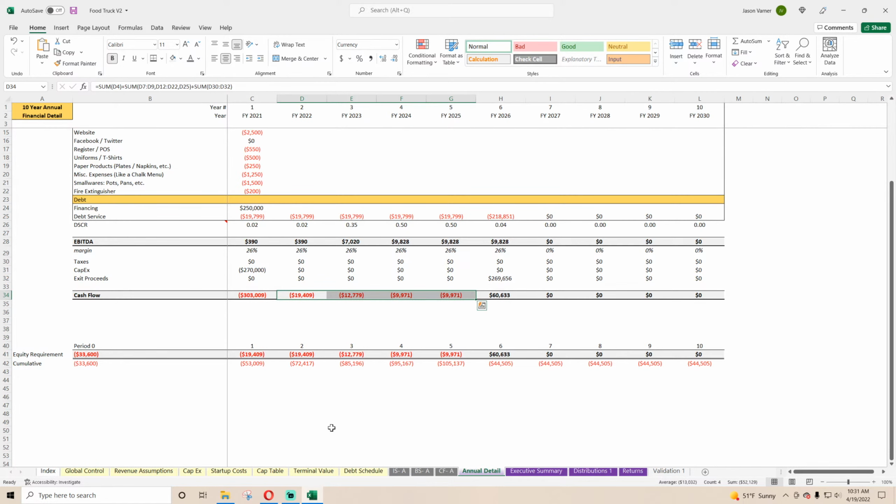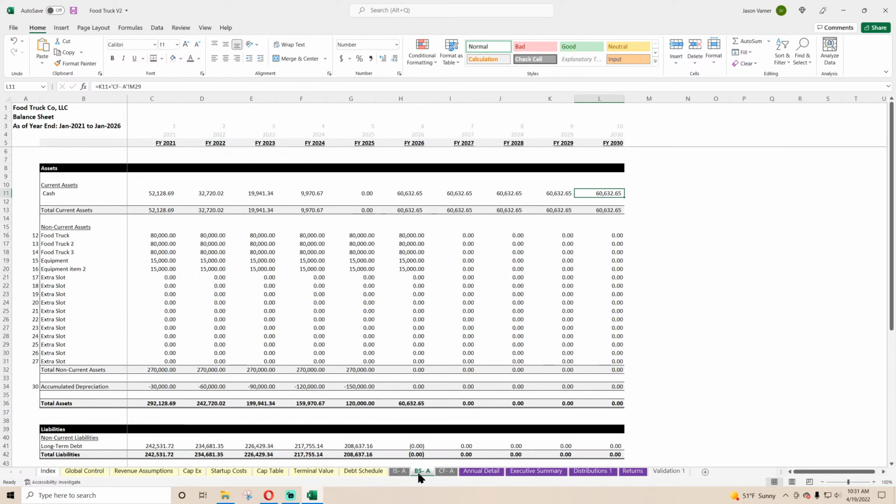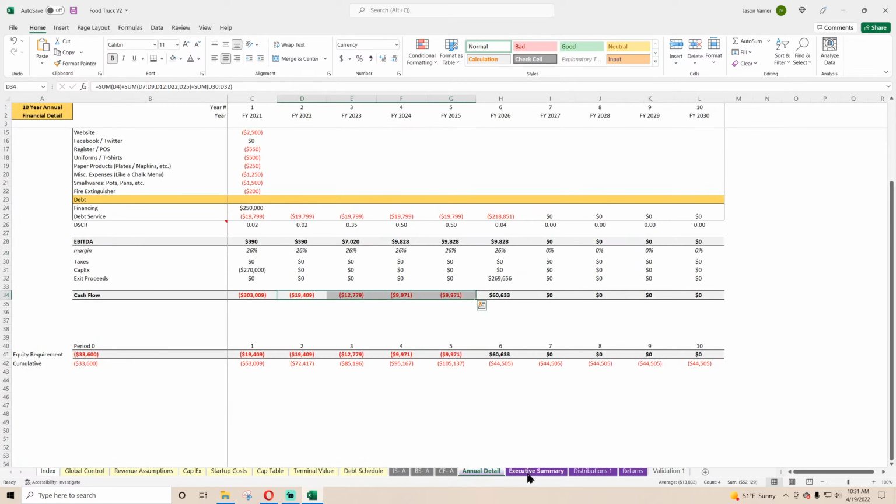Let's see, does that make sense? Min of 42. Oh, okay, good. Caught it. That's got to be 42, not 41. So now you're at 105,000 equity required. And now you see the zero solved there on the cash for the balance sheet. That makes sense. Okay, good.